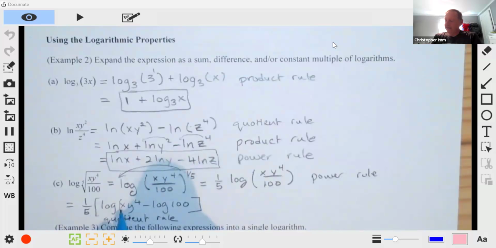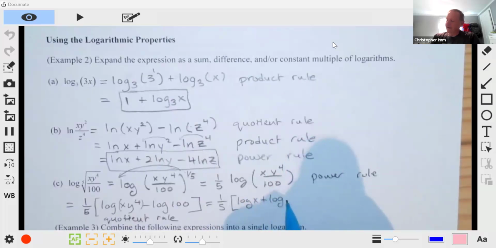Now you see I do have a product here, so I can break those apart. I'll have 1/5 of log of x plus a log of y to the fourth minus a log of 100. And this was by the product rule.